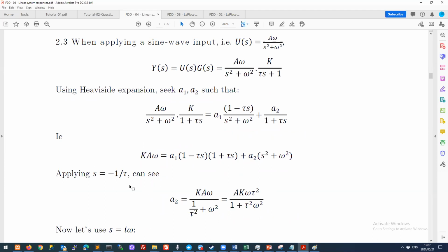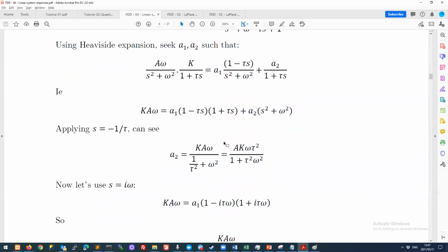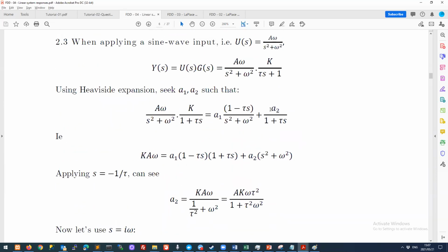Then you will get values for S, and so you can determine the values of these unknown A1 and A2. So in this case, we used A1 and A2 instead of alpha 1, alpha 2. But anyway, we can work out what it is by applying specific values for S. So here you can see if you use an S value of 1 over tau, then this will vanish. If you use minus 1 over tau, this will vanish.